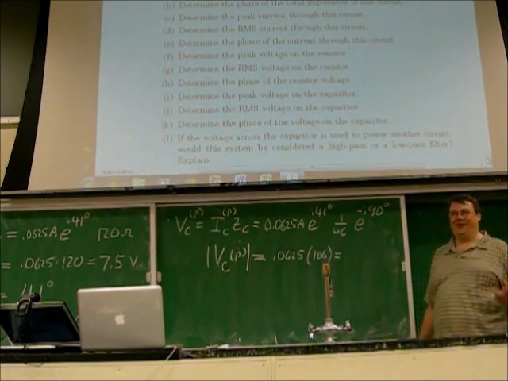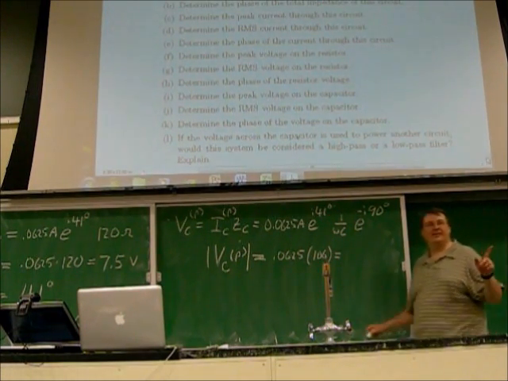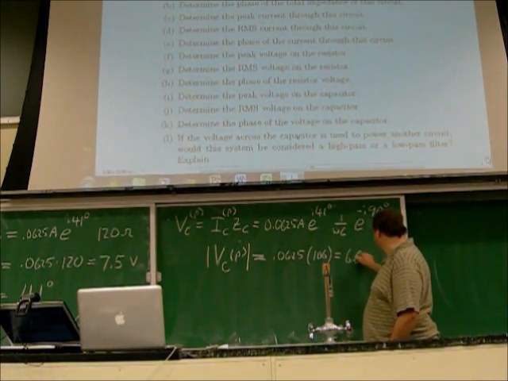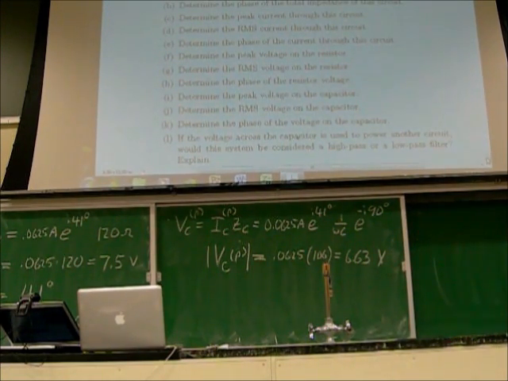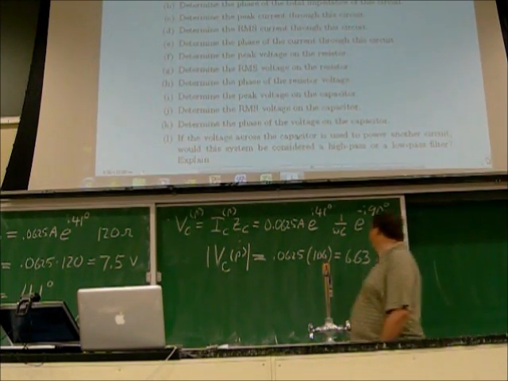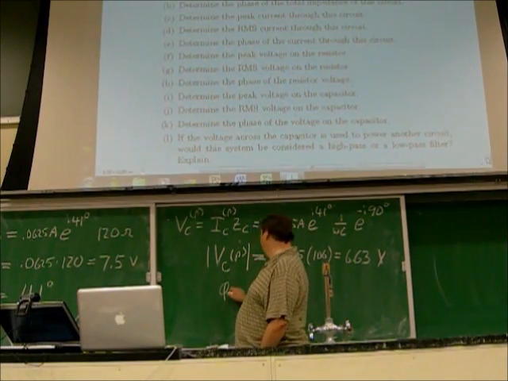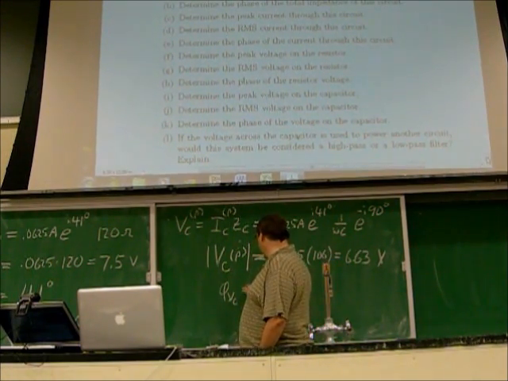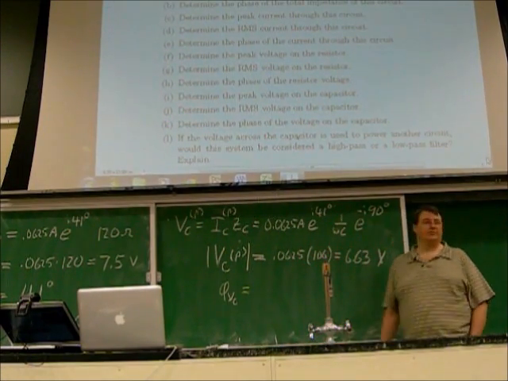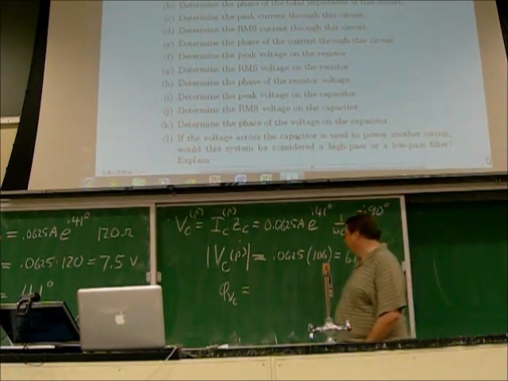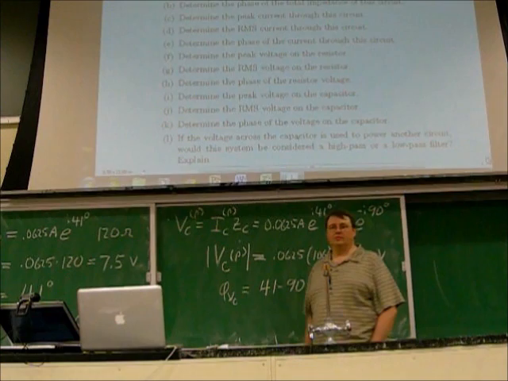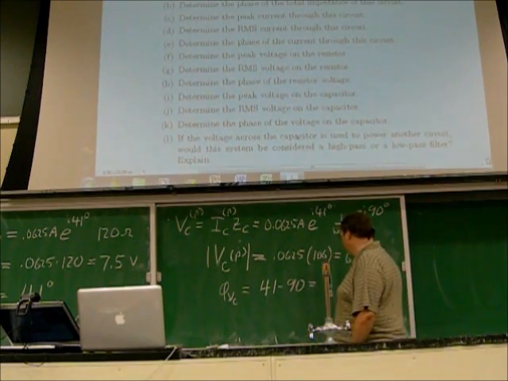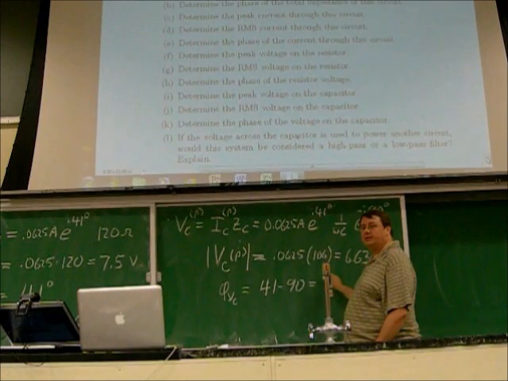But I want you to multiply for me. 6.63 volts. And now what is the phase of the voltage on the capacitor? 41 minus 90 equals how much? Minus 49.